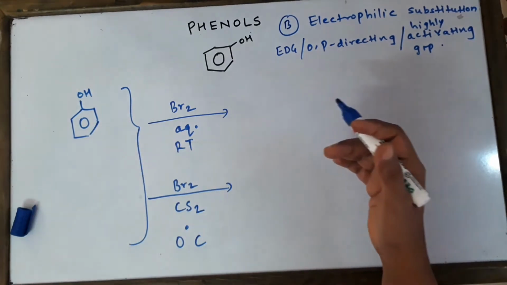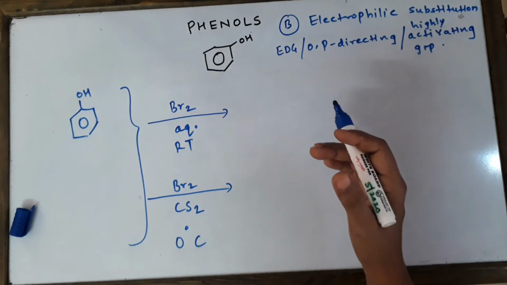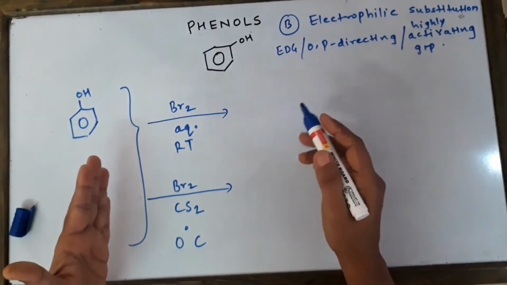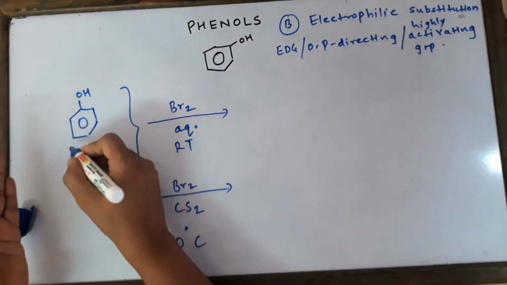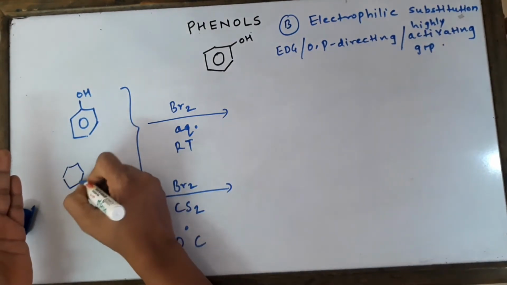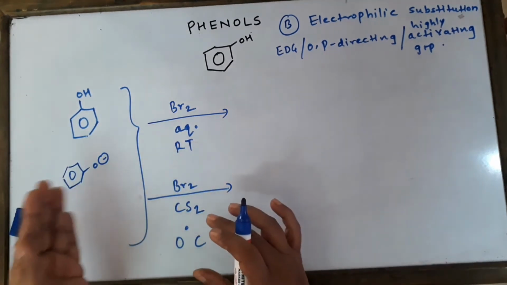Now if you take aqueous bromine, what difference will happen here? Tell me. You are going to say that when you take water as a solvent, it will facilitate the ionization of phenol, because of which phenol will readily break down and form phenoxide ion. Now phenoxide ion is highly reactive.